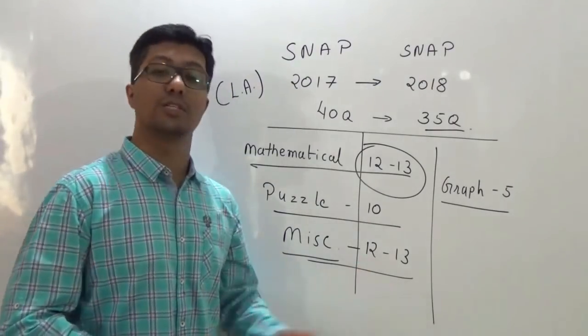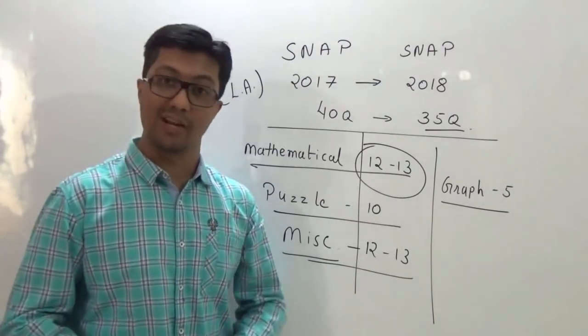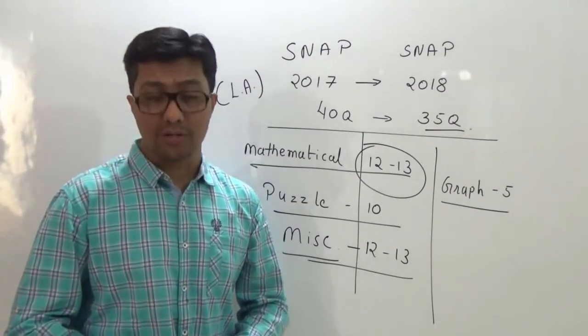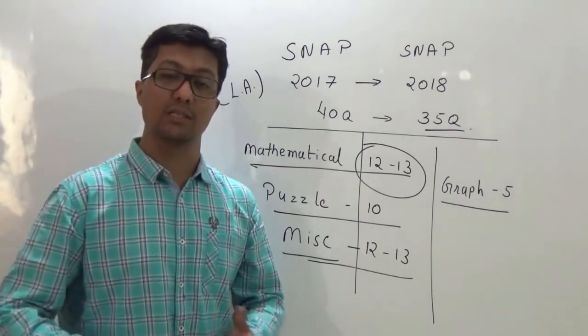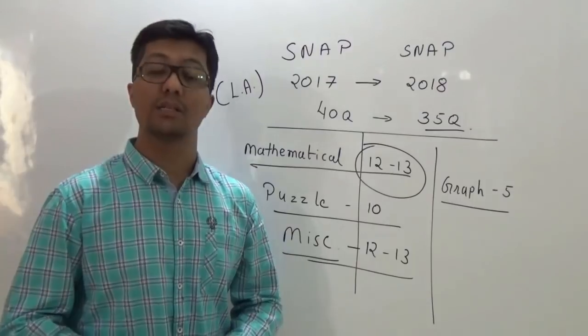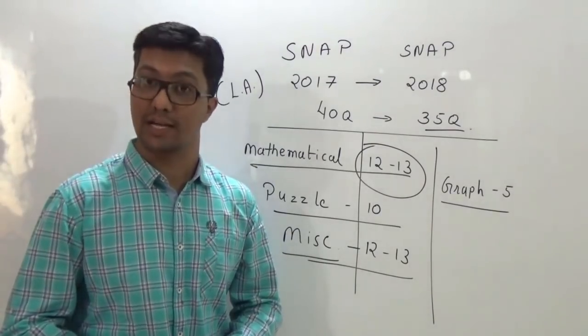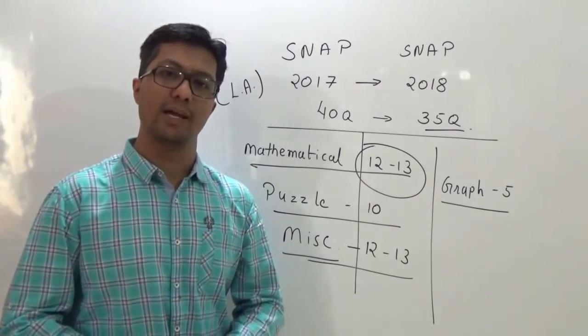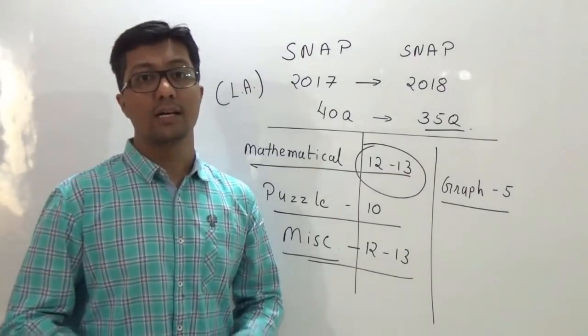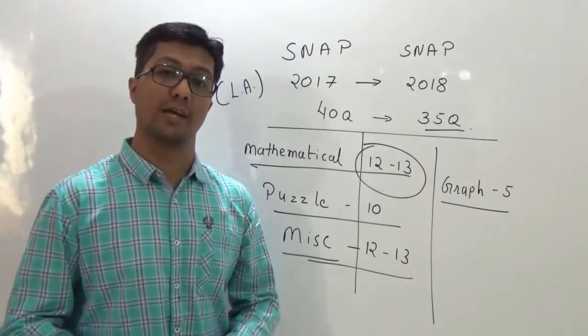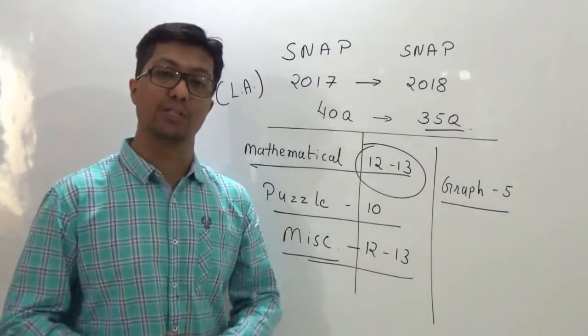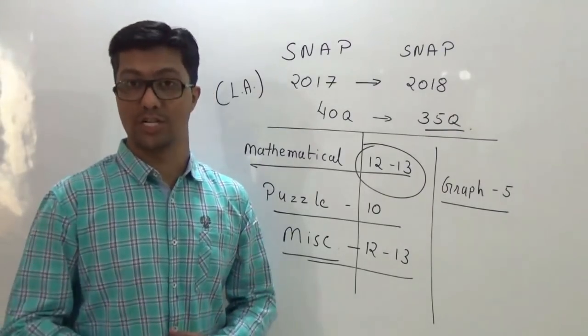Then there were 12 to 13 questions based on miscellaneous topics, for which we have already given the booklets, known as OMAT, the Other Management Aptitude Test, which contains topics like coding-decoding, blood relationship, direction sense, missing numbers, number series, and analogies.